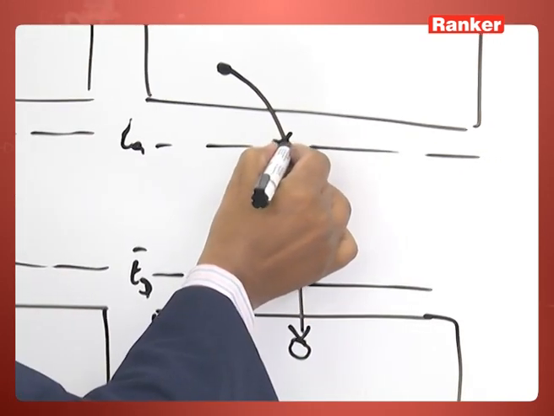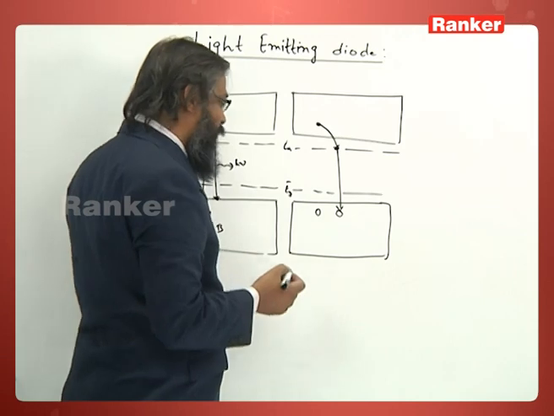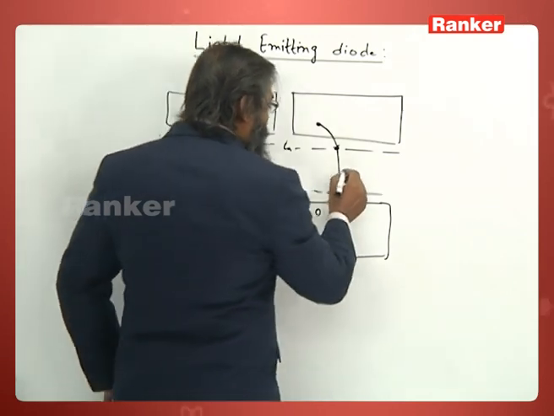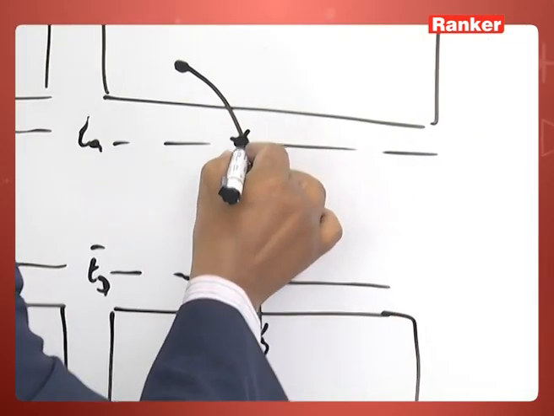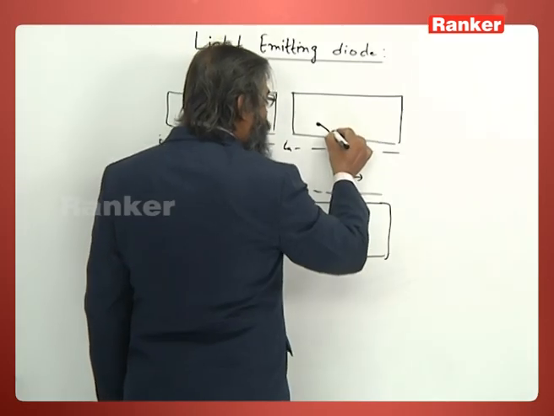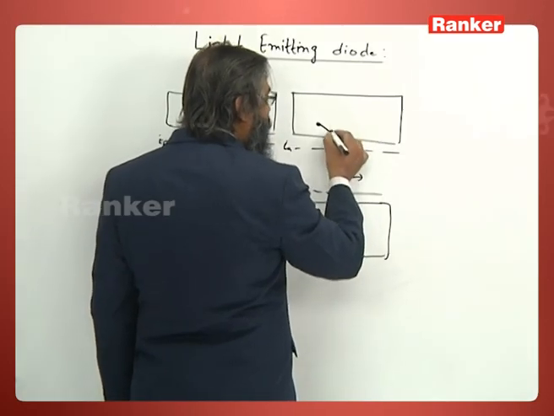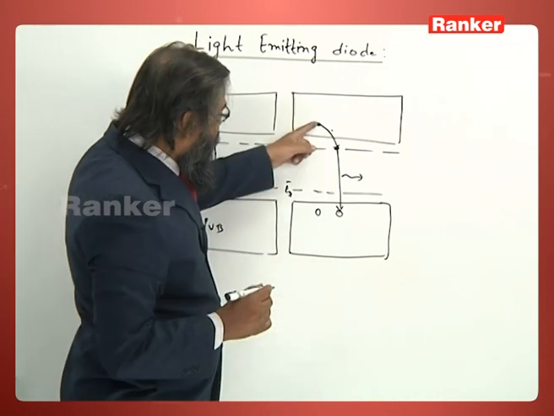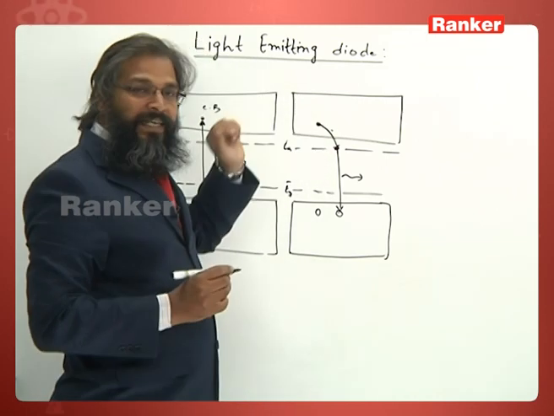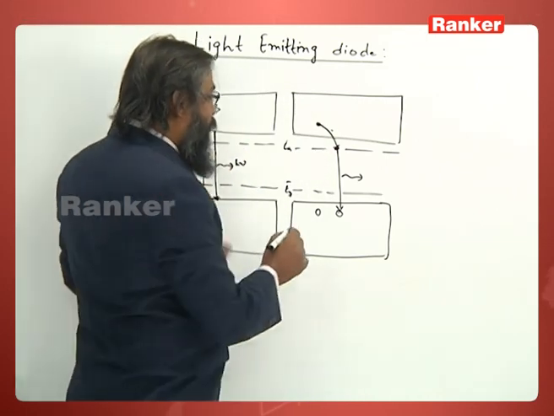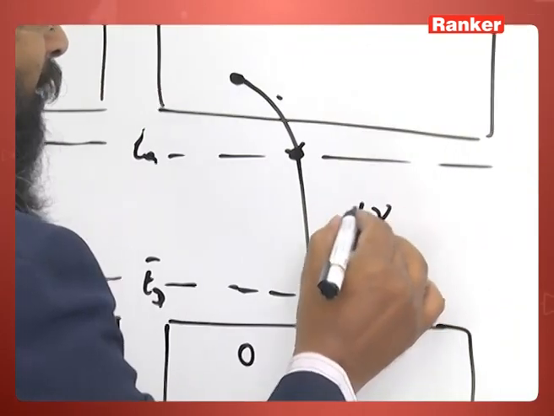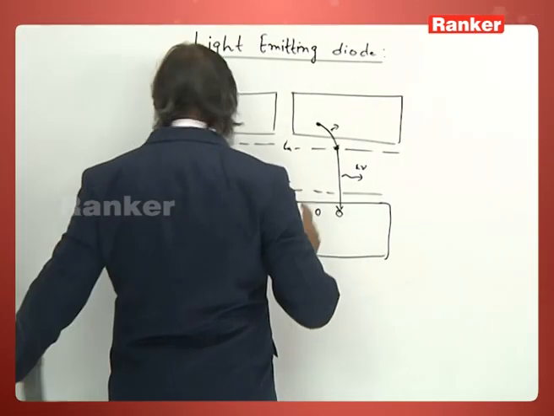It radiates energy from here to here, and also from here to here. When it comes here to here, it emits radiation that lies in the visible, but this other one is non-radiative.